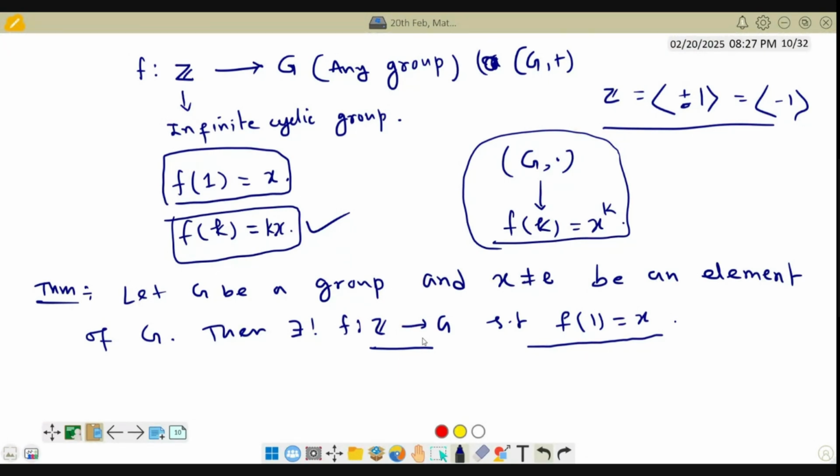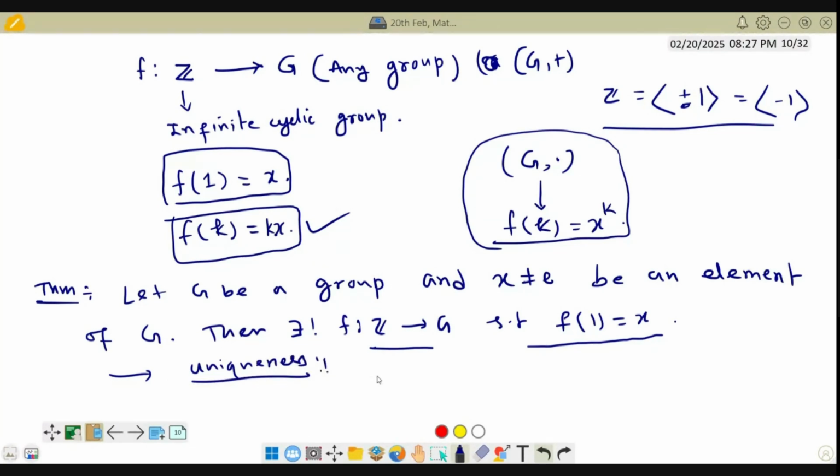Here existence is the important part. Because Z is cyclic, from a cyclic group you have existence, and uniqueness you can also prove easily.